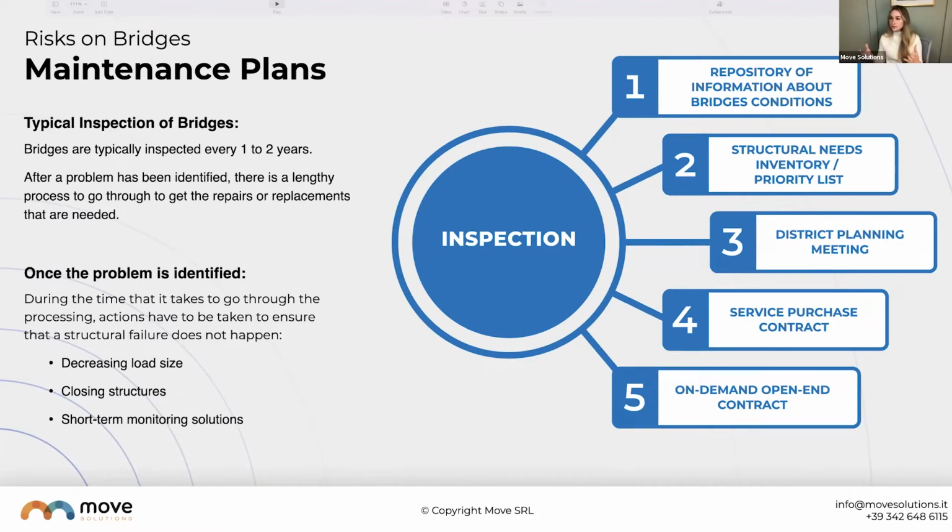Those are ensuring the safety, but you can see that it also has an impact on the community. If you're waiting for a lengthy process to make repairs, decreasing the load size could have a huge impact on importation of goods.